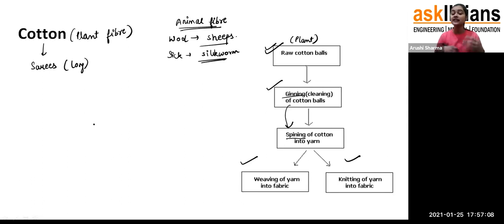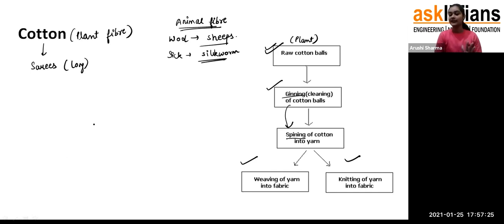That means there are large rolls present. I can't say how long they are. After cutting them into pieces, we get the size of the clothes, and that's how we stitch them. So that's the procedure, students.